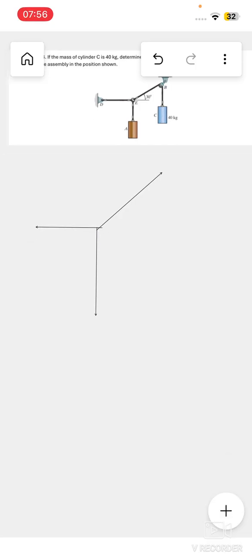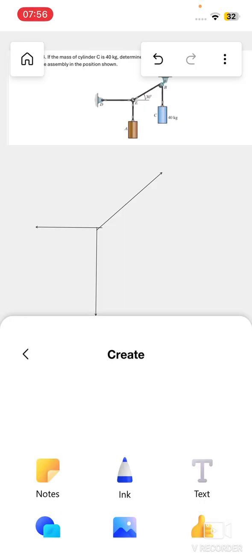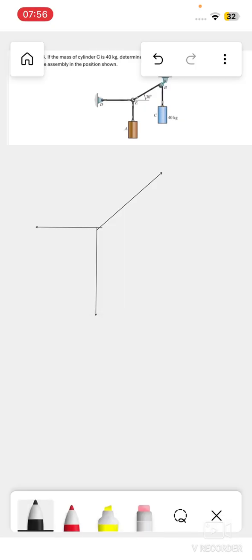Okay, I think it's fine like this. Right now we can name our forces. Here we have TEB, here we have TEA, and here we have TED. This is for body A.